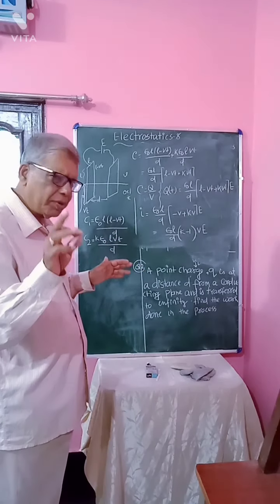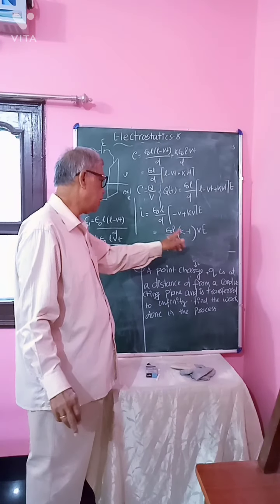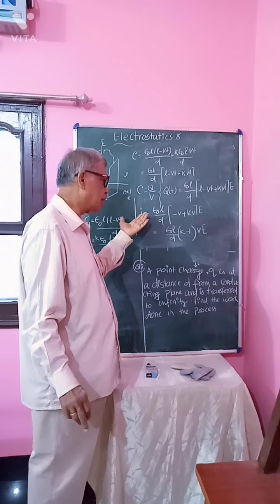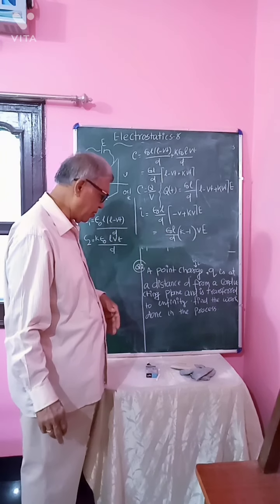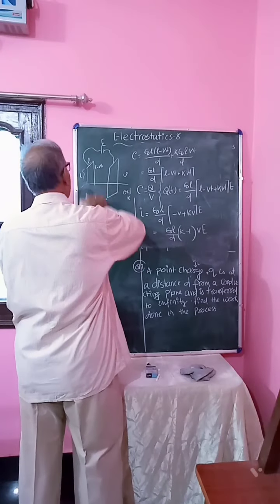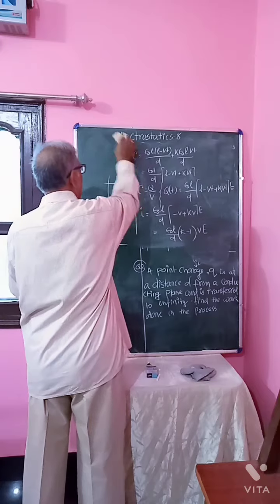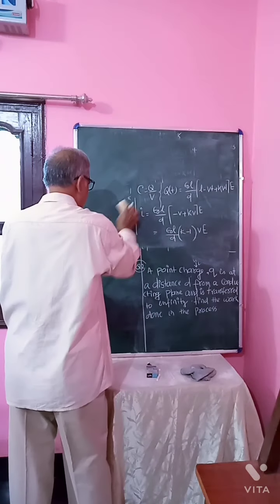That is, if K equals 1, the current should be 0. If you put K equal to 1, the current is 0. So this is the correct expression for current for this situation. Now, this is a conceptual question, very important for analyzing other questions.